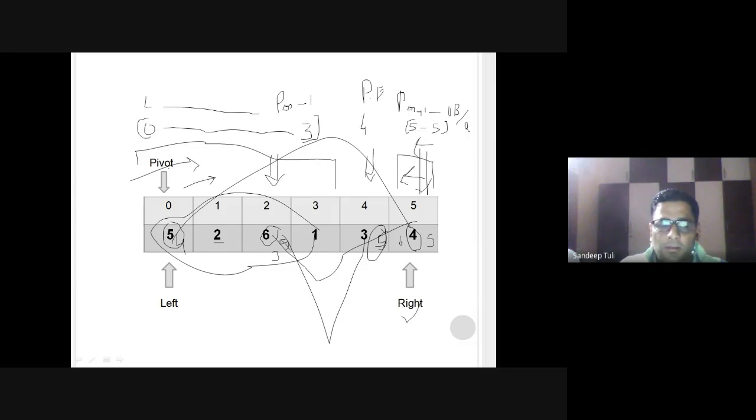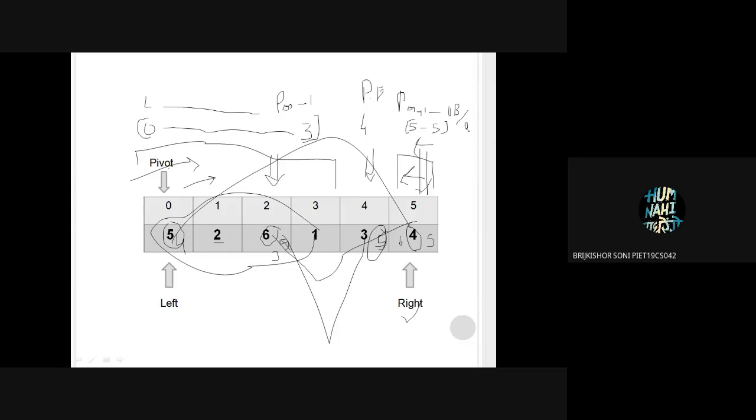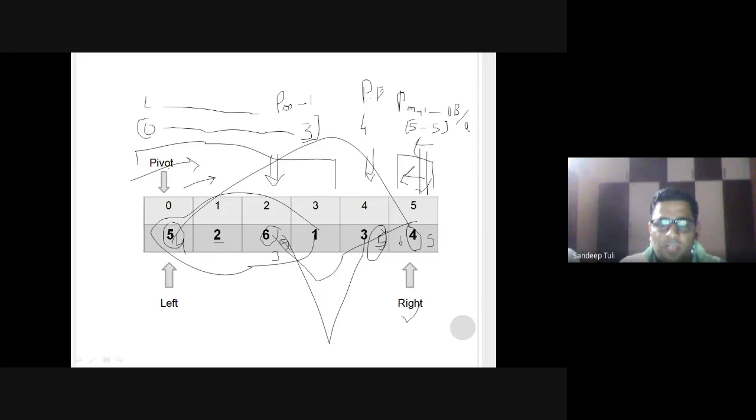Is it okay? Sir, at position plus 1 the value is 6, sir. Yes, it is 6. So lower bound to position minus 1 means 0 to 3, and position plus 1 to upper bound is 5 to 5.